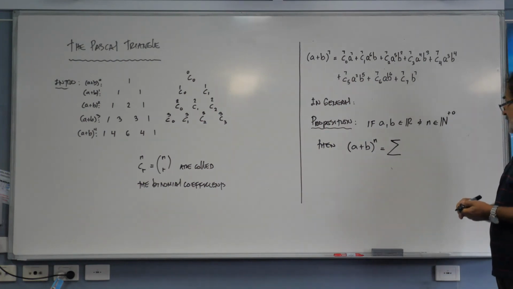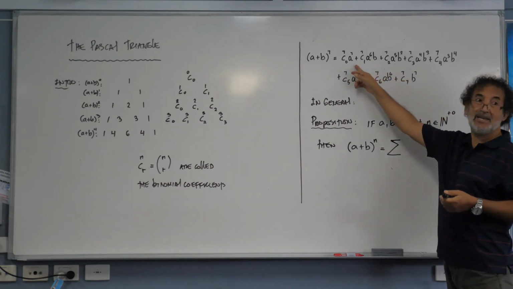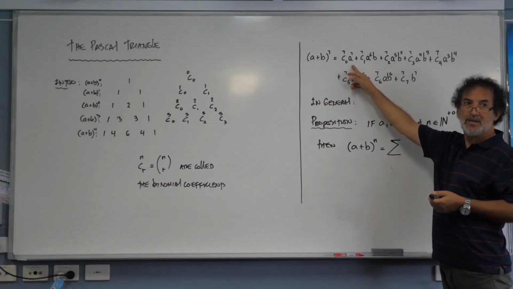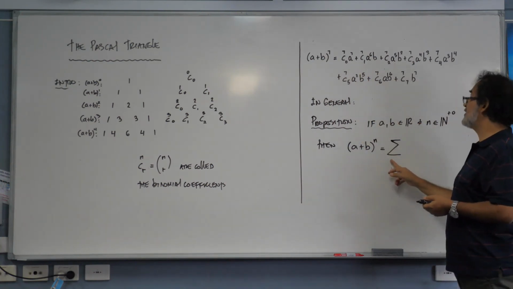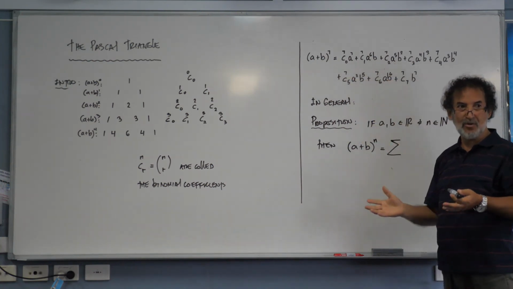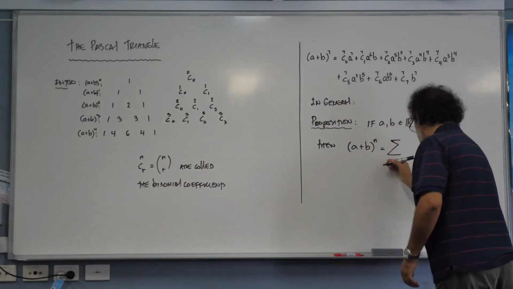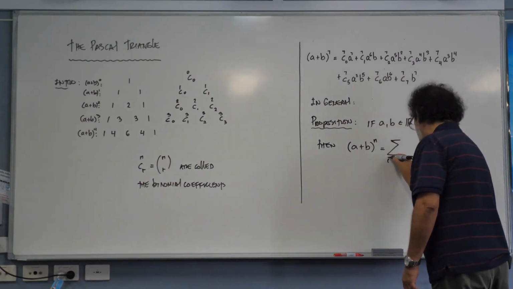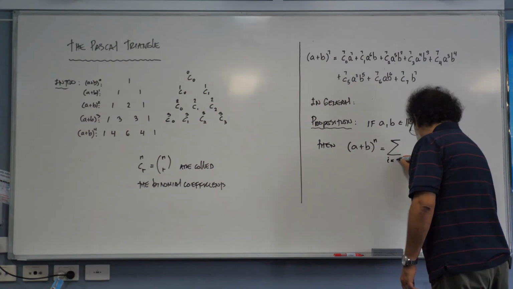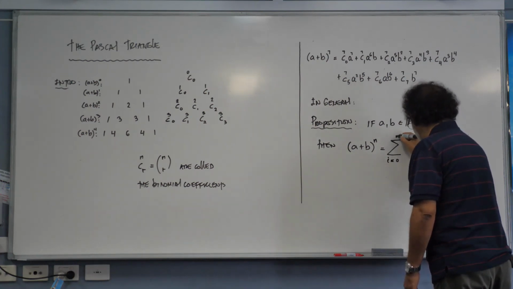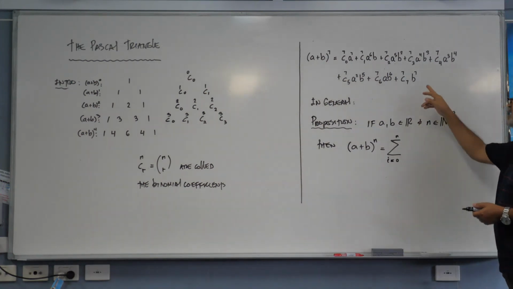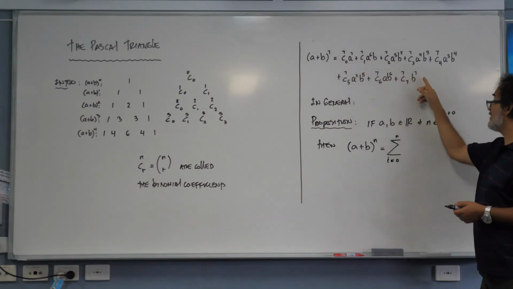Can you see that we're adding things? So this is simply an abbreviation for all this sum. That's all it is. So they say that it's going to be equal to the sum from 0 to n. So in here we're doing from 0 to 7. Can you see that?